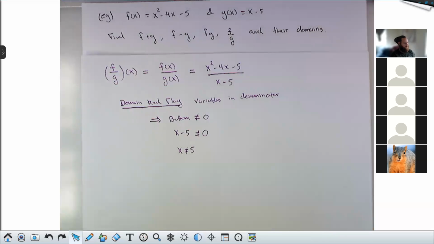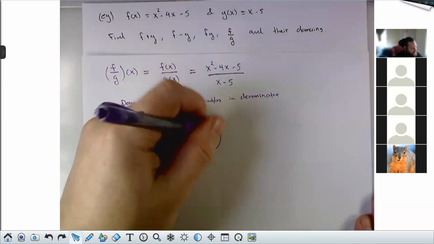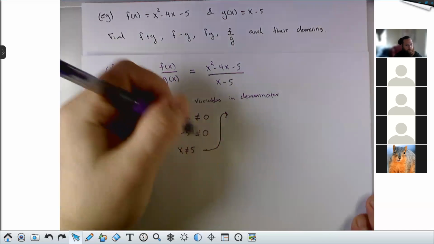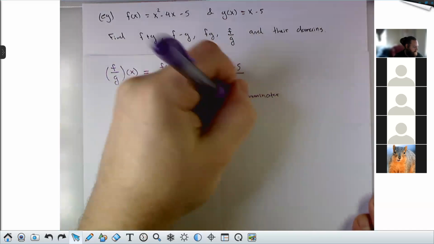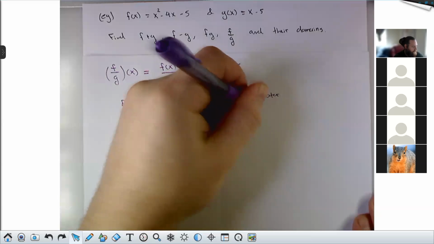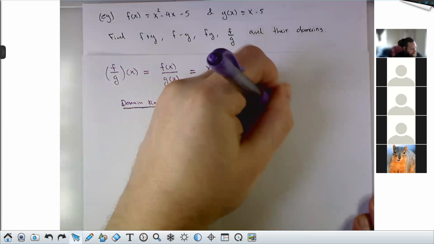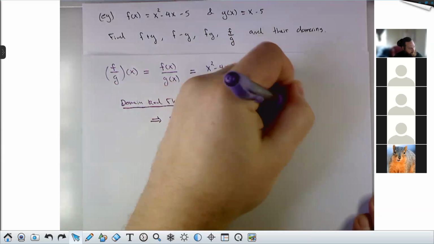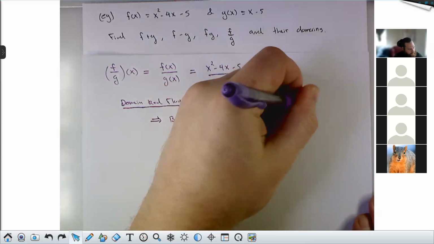So if I want to write that domain, there's a few ways I can do it. We talked about writing this in set builder notation as we went through the section on rational functions. In set builder, that would be the set of all numbers x such that x is not equal to 5.